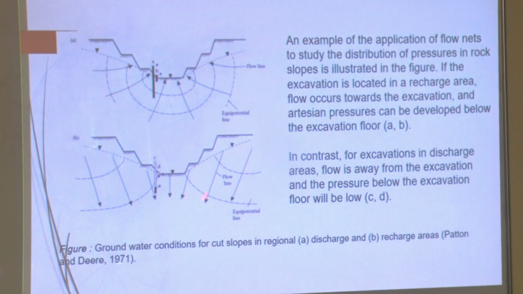So the flow line is like this, and your equipotential line is aligned like this. So it is very safe. Whereas in this case, flow is coming to the pit bottom. So there is a continuous flow. This type of slope needs to be taken care of, and in open pits we face this kind of slope and bench quite often, in most of the coal mines.